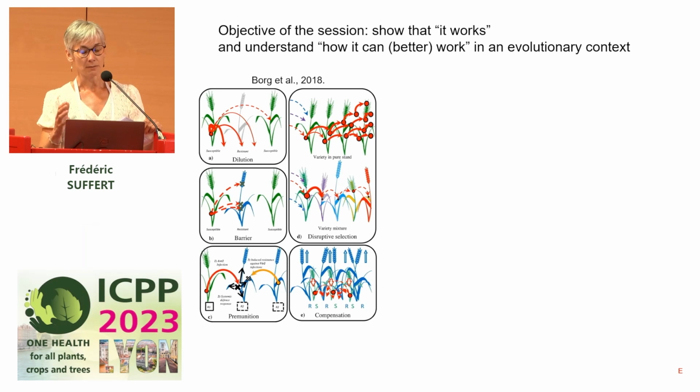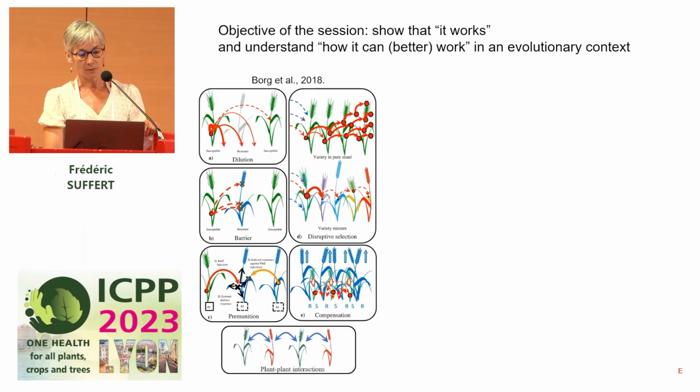Some of these mechanisms involve the direct interaction between the pathogen and the plant, and they are of different kinds. Other mechanisms, such as plant-plant interaction, also act without the presence of the pathogen, but they allow to modulate the immune response of the plant.